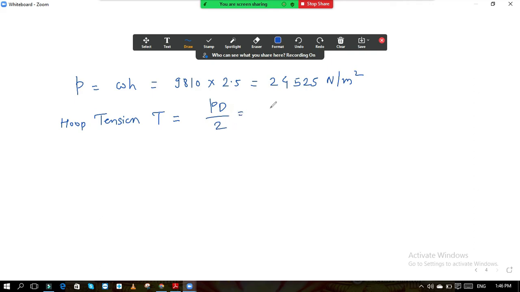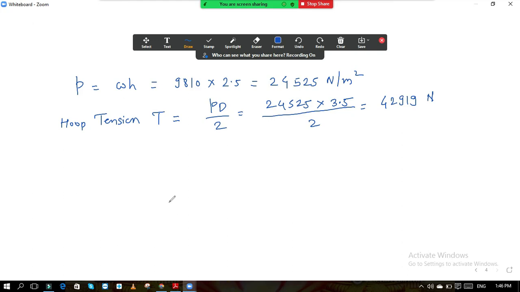So it will be 24525 into diameter 3.5, where d is the diameter, divided by 2. So it works out to be 42919 Newton. Okay, this is the hook tension.